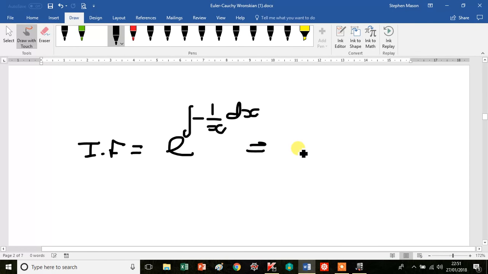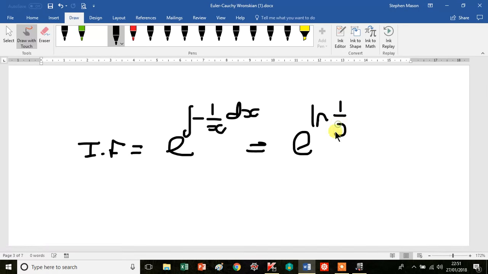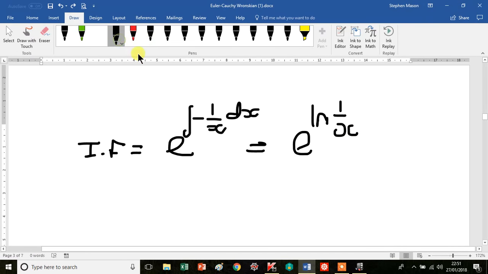And if you work that out, you've got e to the logarithm of 1 over x, simply because minus 1 over x is just minus the log of x, and you can manipulate that to get the log of 1 over x, and e to the power of a log is equal to just 1 over x.